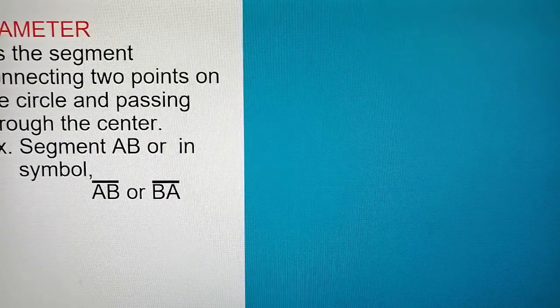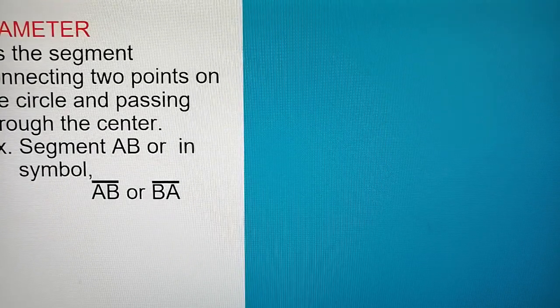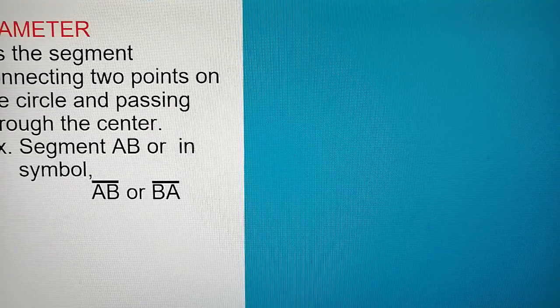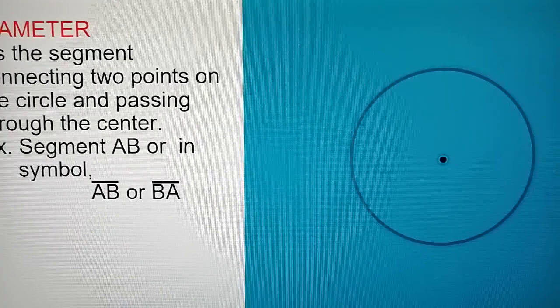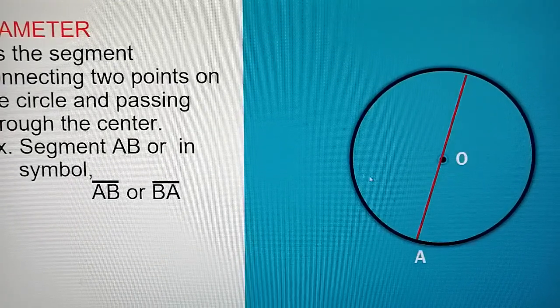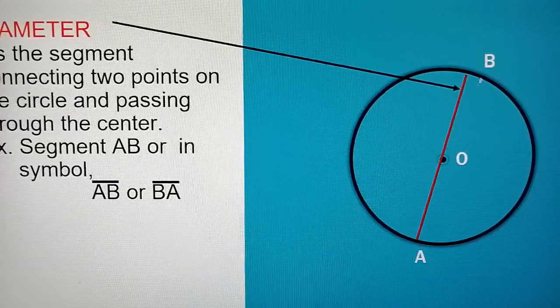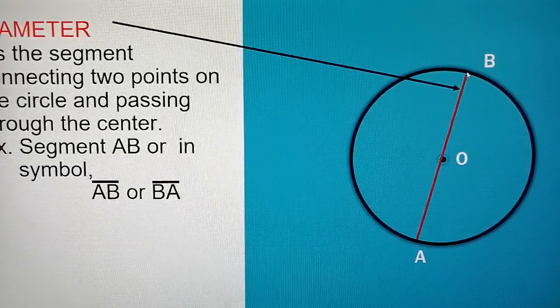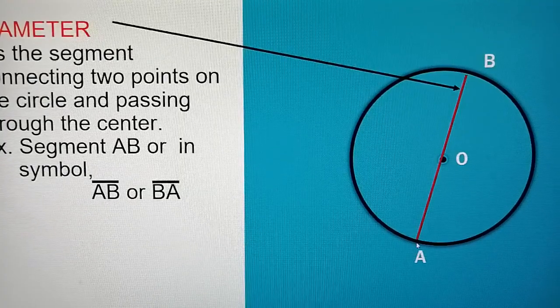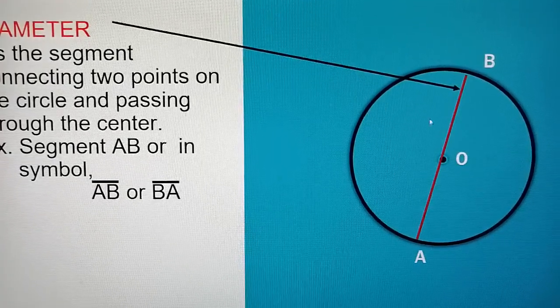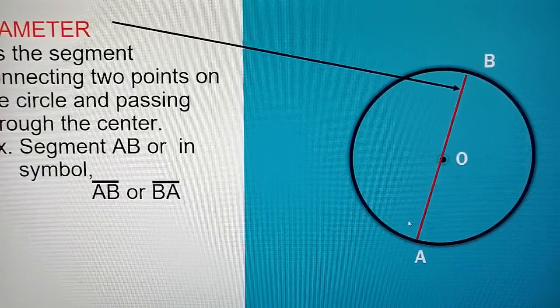Then, what about a diameter? So a diameter is the segment connecting 2 points on the circle and passing through the center. So again, we have here circle O, and points A and B are on the circle. So the line segment connecting point A and point B that passes through the center of the circle is what we refer to as the diameter.